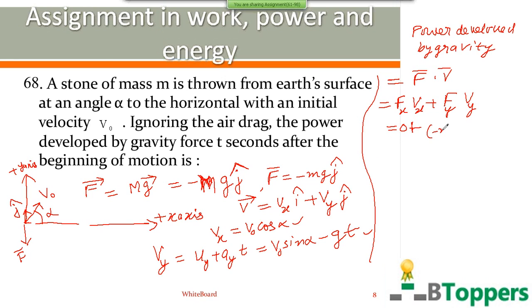Fy is minus mg, and Vy is V naught sin alpha minus gt. So you get mg into (gt minus V naught into sin alpha).